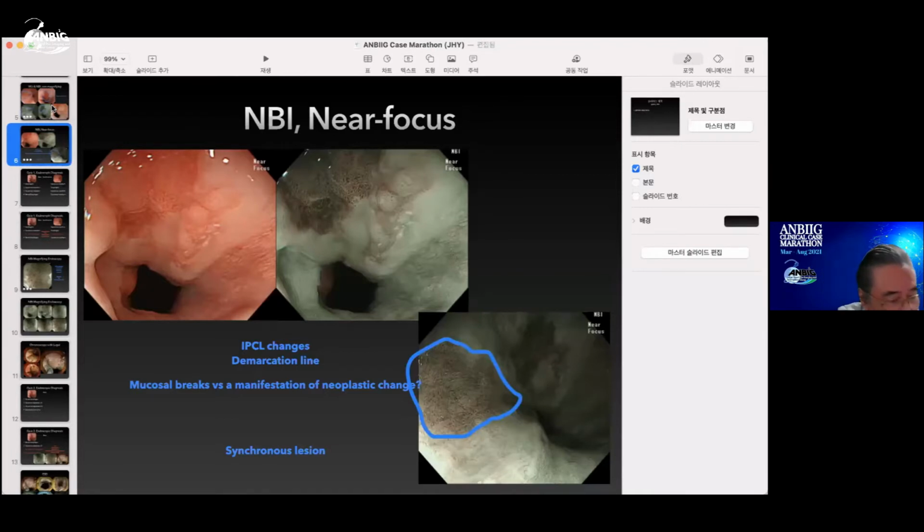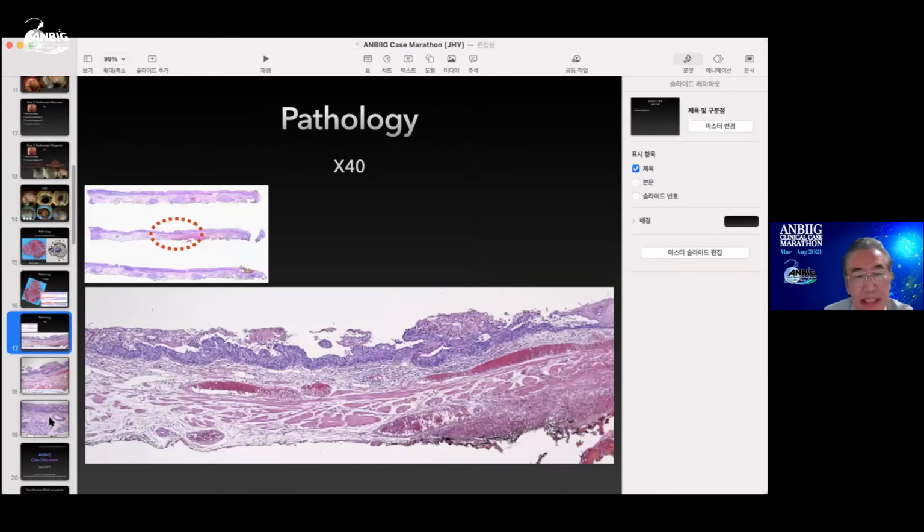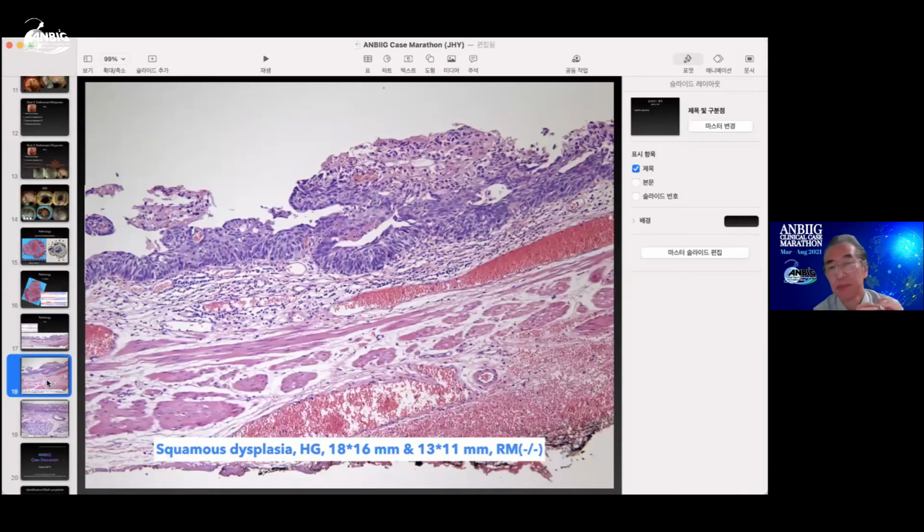Would you mind coming back to the histology image? Yes. So we can see some granular component in histology. Originally squamous cell carcinoma, but it's growing like an adenomatous component.